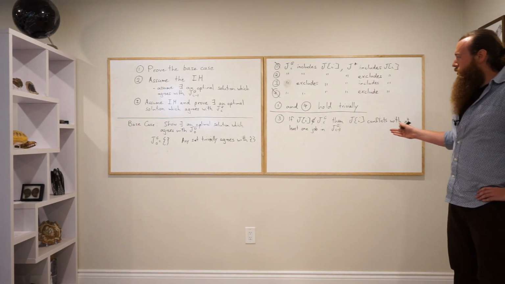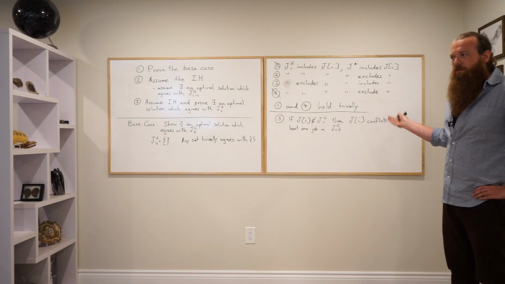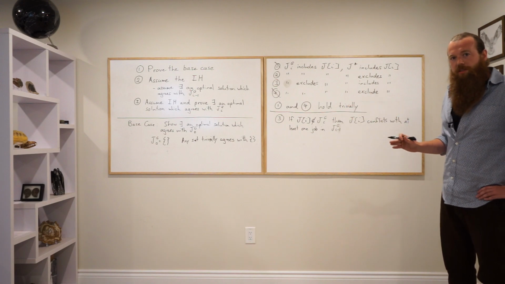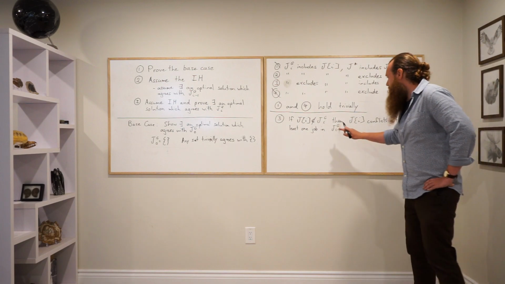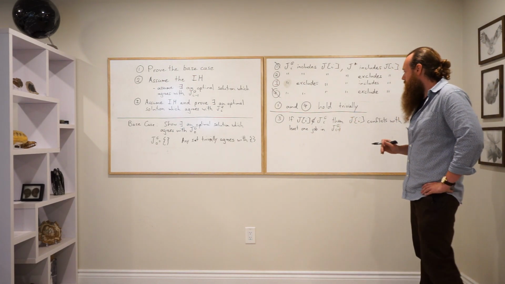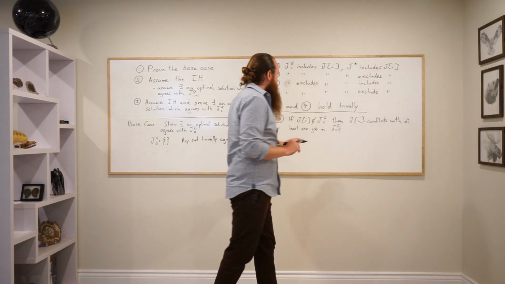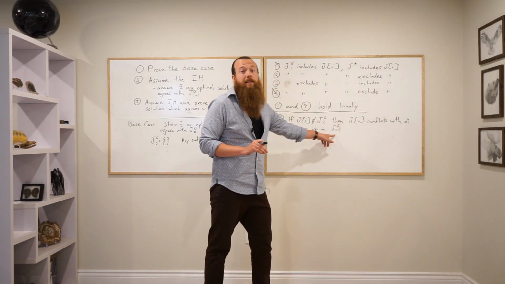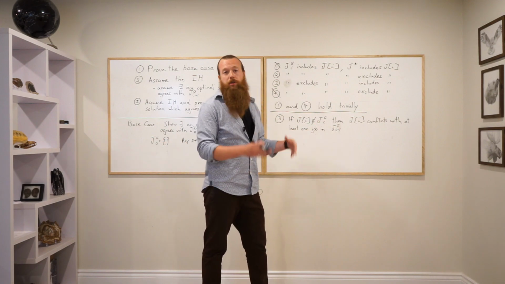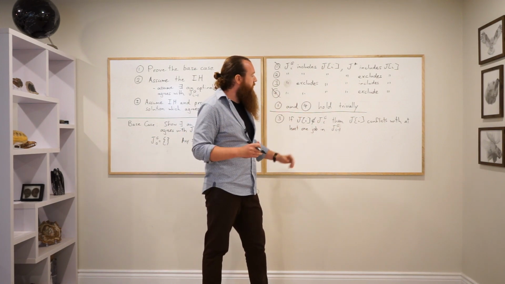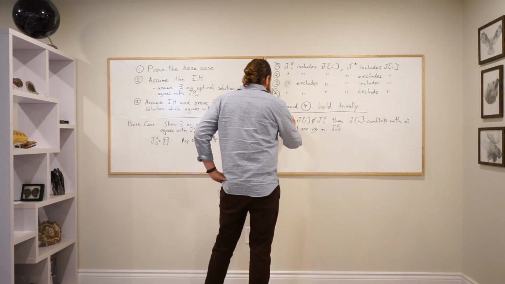Right? If at the ith choice you don't include the job, that means some job that you've added previously in your i minus 1 choices has a conflict with it. Okay. So Ji conflicts with at least one job. Could conflict with many, could conflict with all, but it definitely conflicts with at least one.